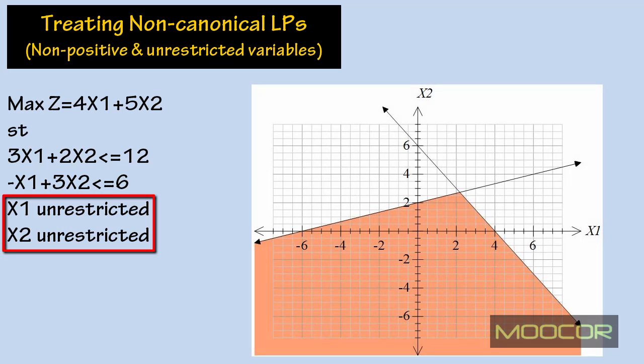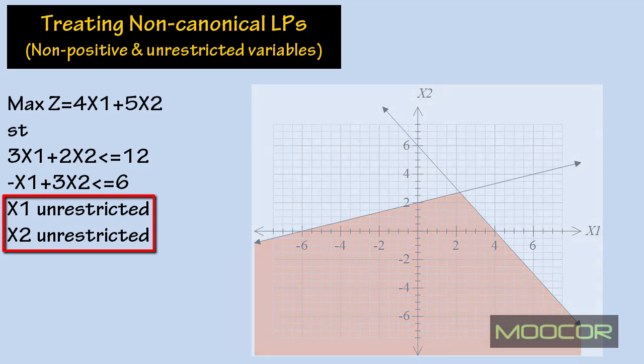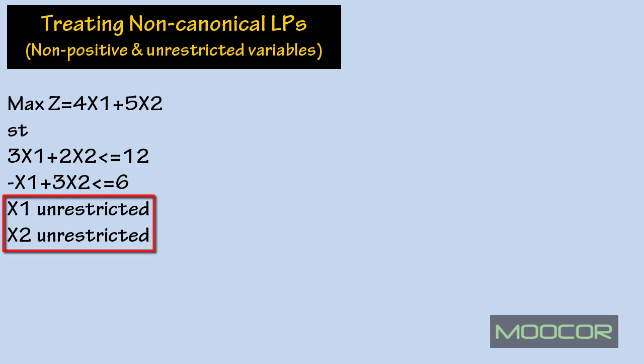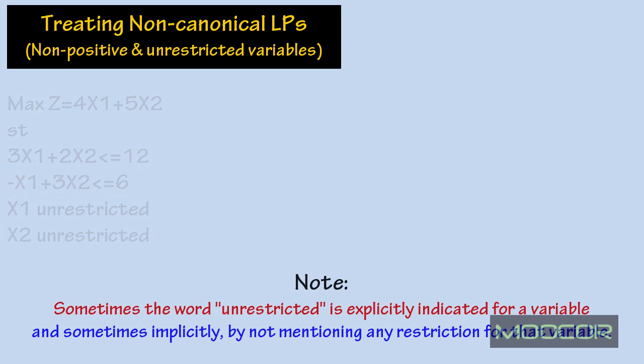So it is significant for us to make sure that we are clear about these variables, whether they are restricted, unrestricted, and less than or equal. The word unrestricted sometimes is explicitly mentioned, sometimes implicitly. We just don't mention anything about the variables.